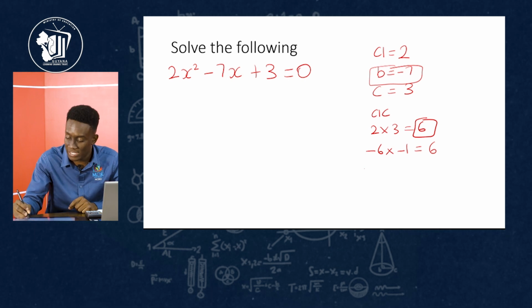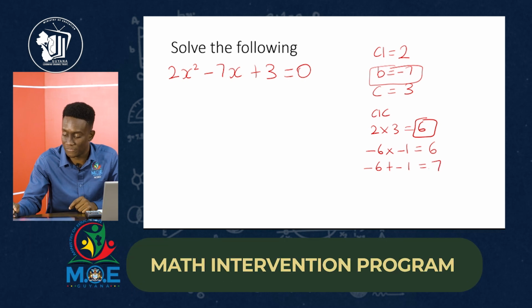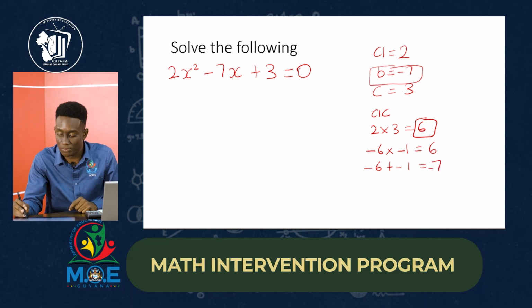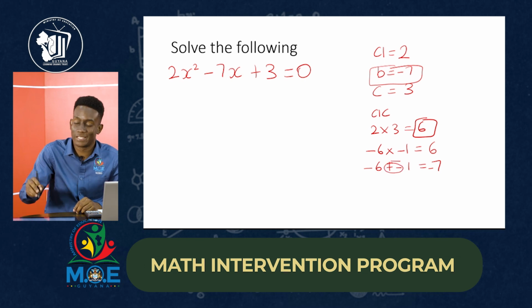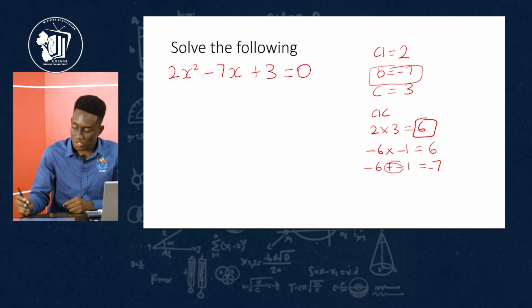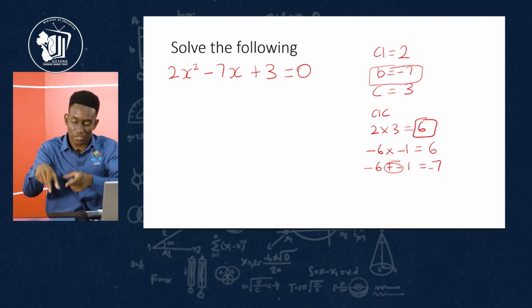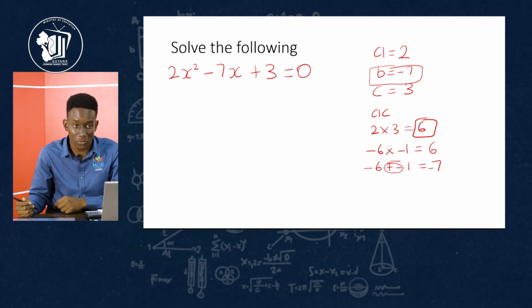And then -6 plus -1 will give us -7, because the plus and the minus together cancel out and give us a minus. So -6 subtract 1 gives you -7. We have our two numbers that we are substituting for -7 in the equation.